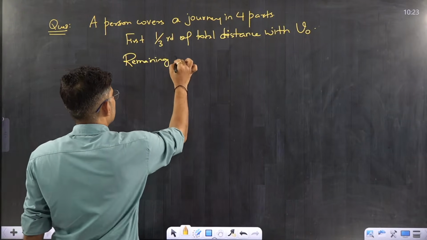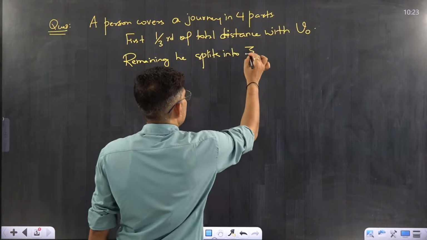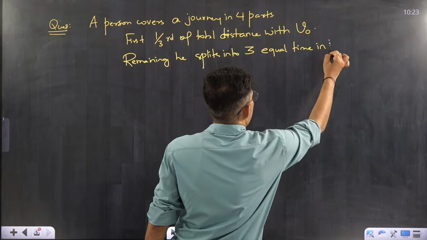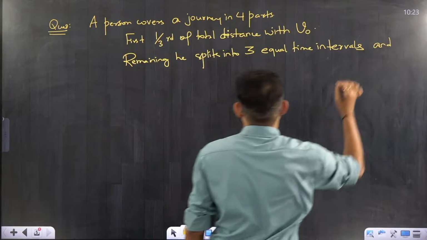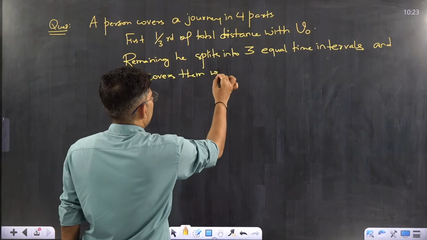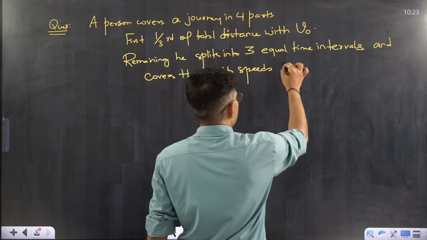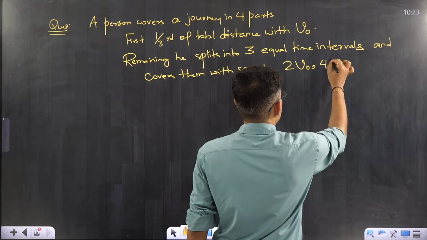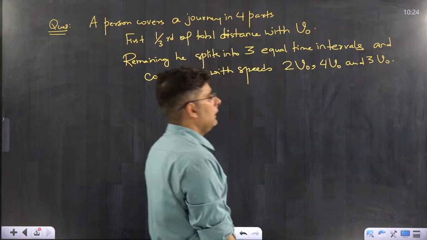Remaining, he splits into 3 equal time intervals and covers them with speeds 2v naught, 4v naught and 3v naught.